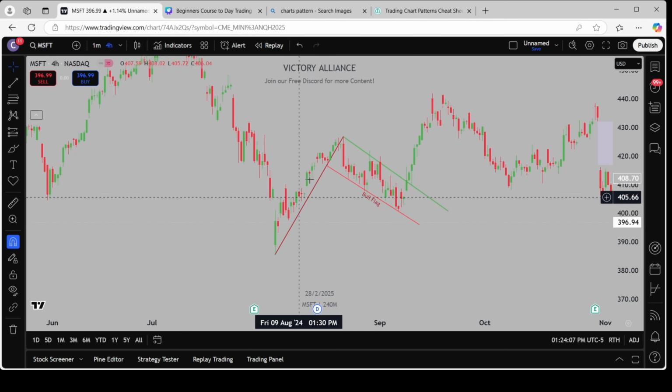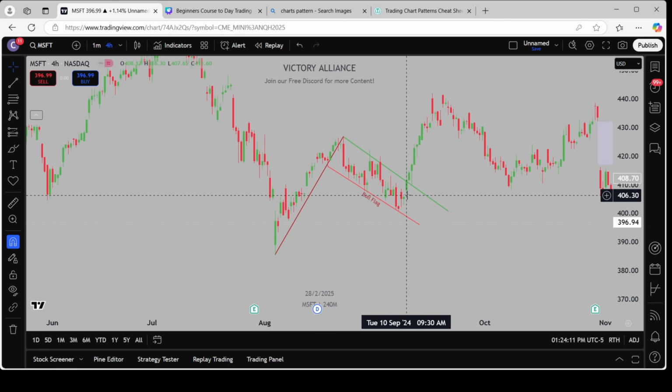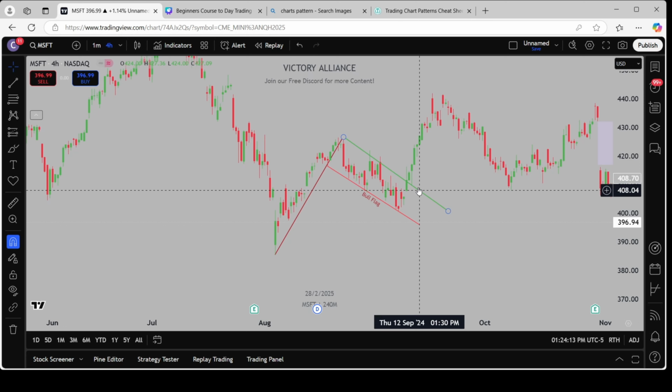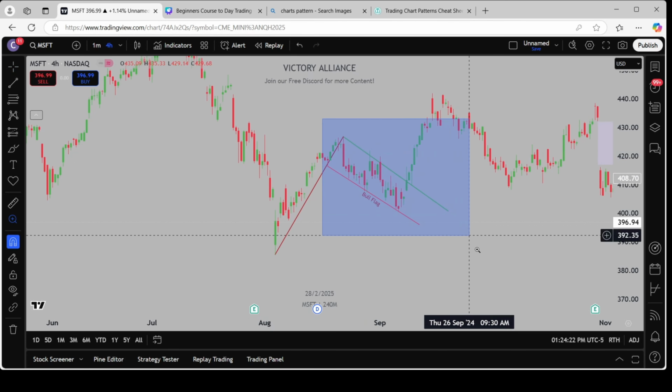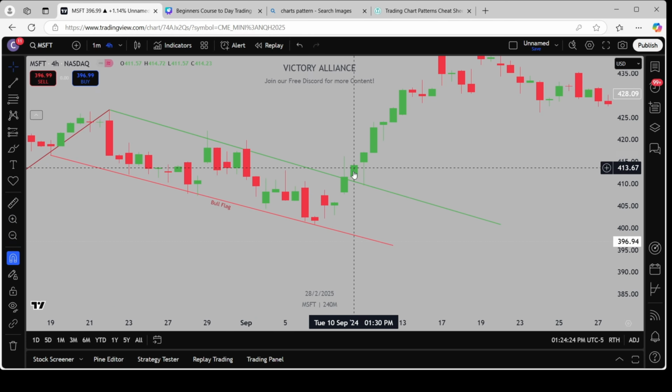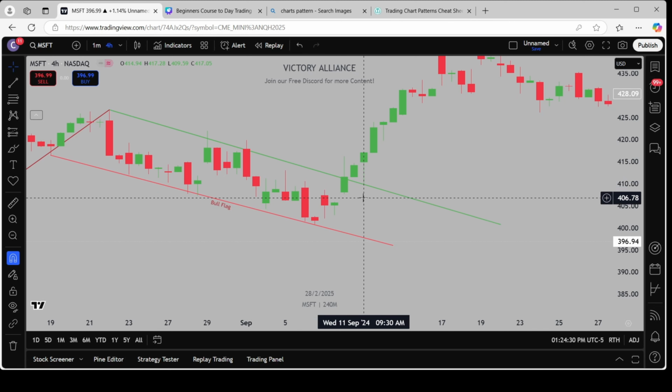And now, because this is a bull flag, as you guys can see, we're looking for a breakout above this green line, and not just wicks, which are like these sticks on the top of these candles. Let me zoom in. These are wicks. So you got this green body, and then you got a stick on top of it and on the bottom of it. Those are wicks.